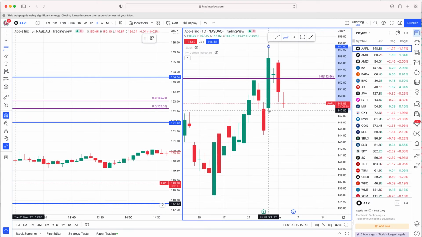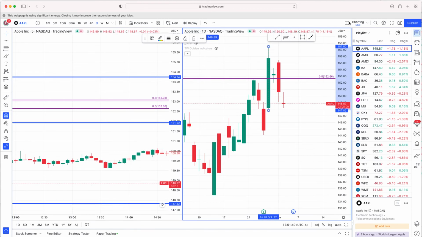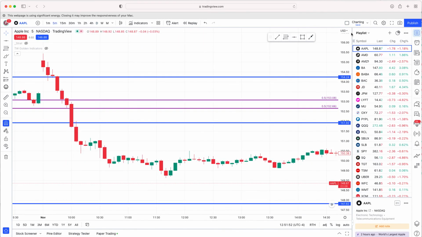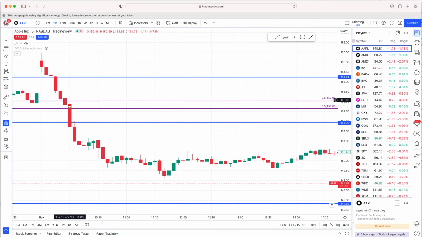I had this 50% drawn, just to see, because this was not that much of a big candle, just to make sure that that was in my favor, to the downside, and neither of these 50% was saving Apple.